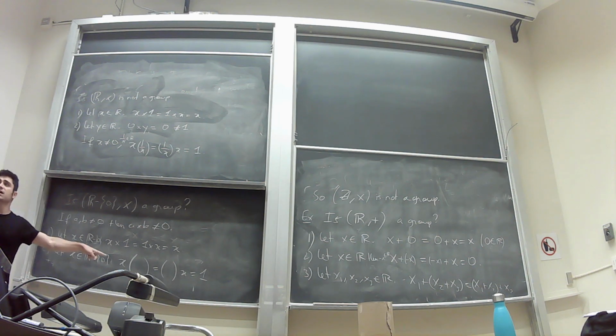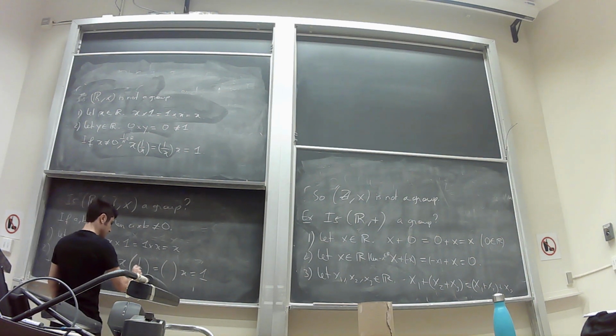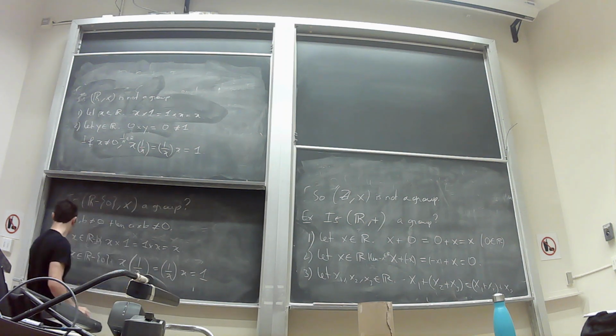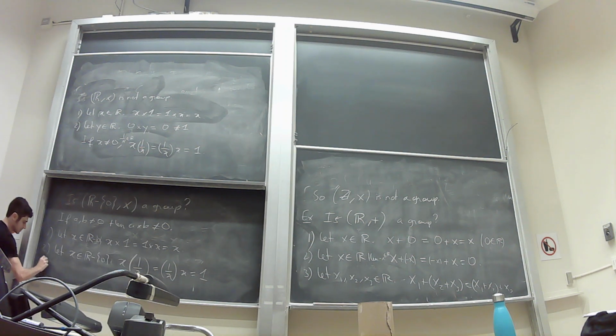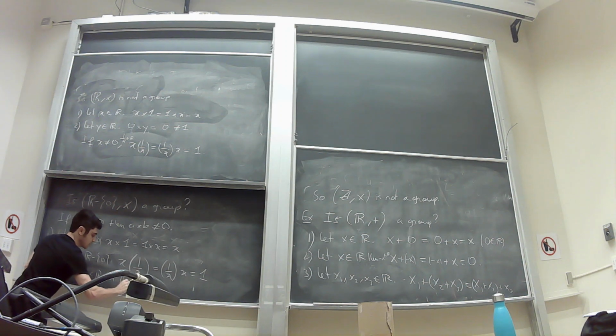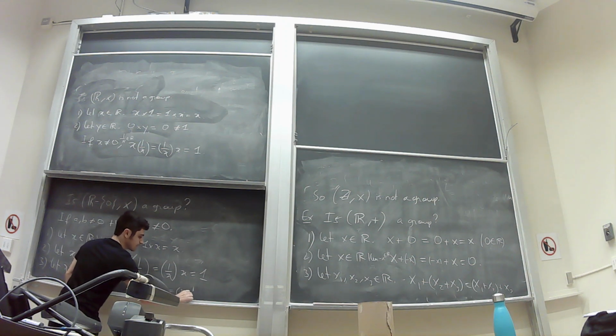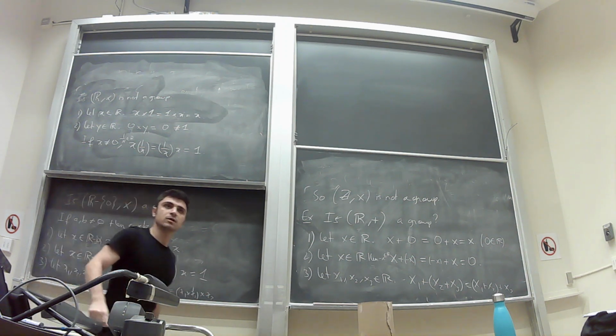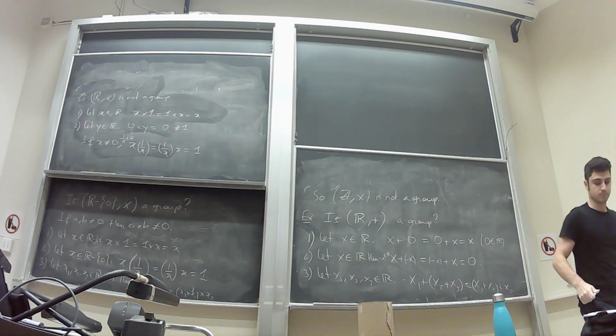What is that element? 1 over x. Now let x1, x2, x3 be in R minus 0. Then you know this associativity property, right? This is true. So R minus 0 under multiplication is a group.